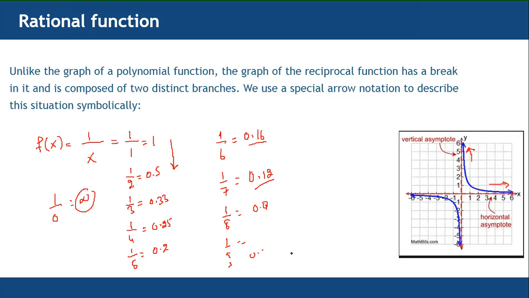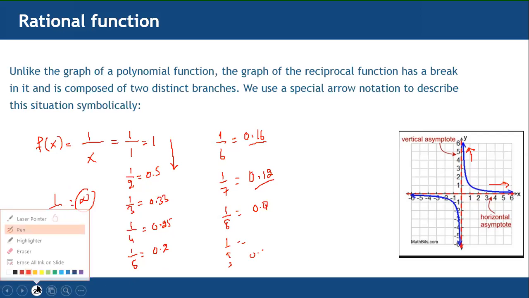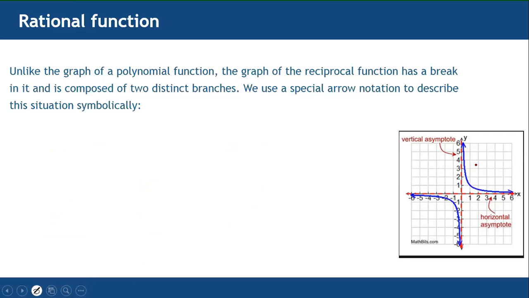On the right side, you can see the graph. The graph is moving toward the y-axis. As you give values, the graph moves toward the y-axis, but it will never touch it. Same on the x-axis: when you give values, the value of the function moves very close to the x-axis, but it will never touch it.